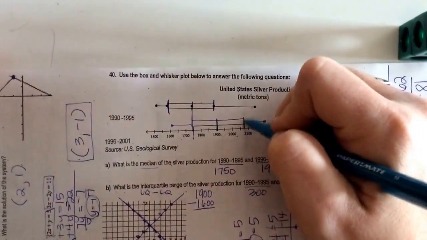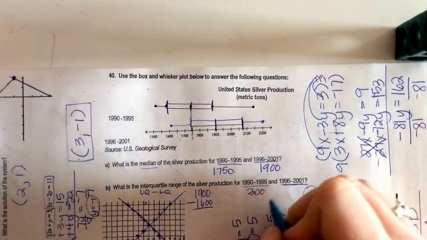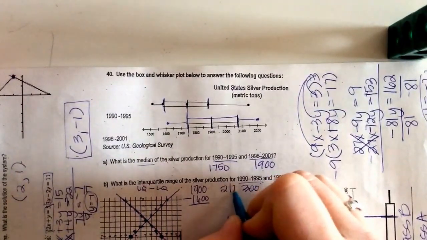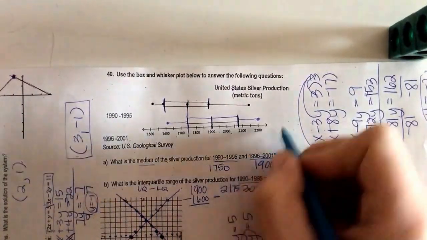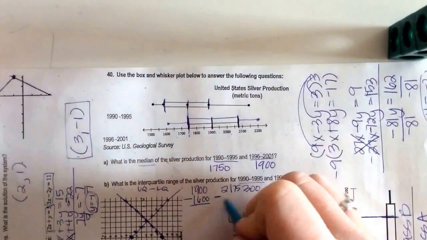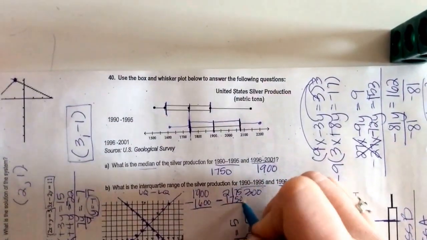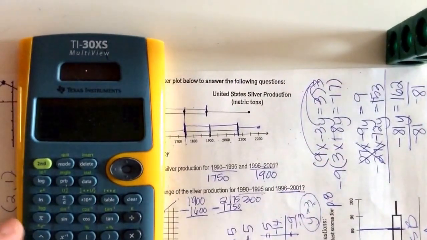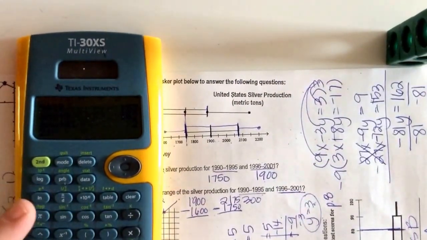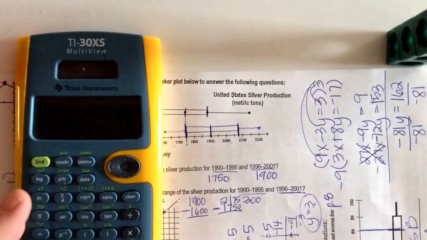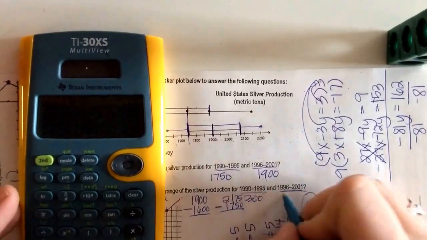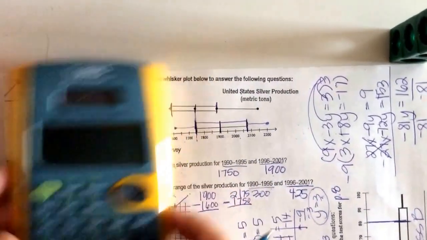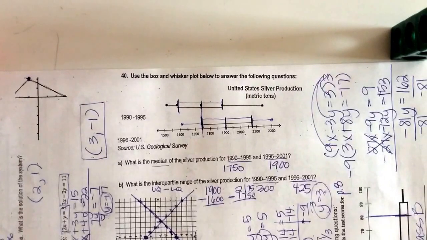And let's estimate here, I'm going to call that 2,175 minus 1750. I'm going to use a calculator, make sure I get it right. 2,175 minus 1750, roughly 425. All right, that is all questions on your final review.